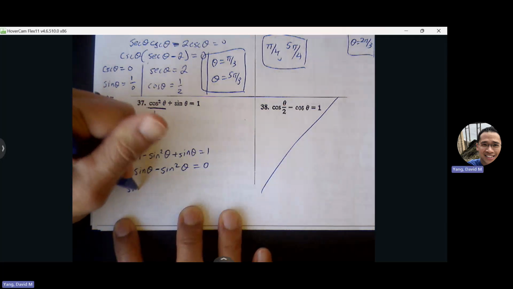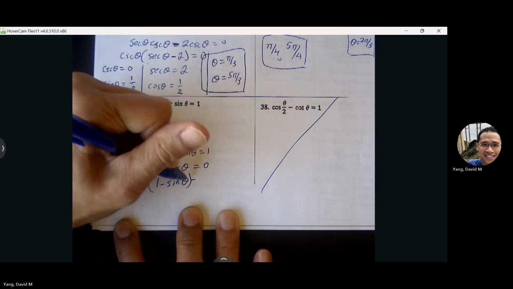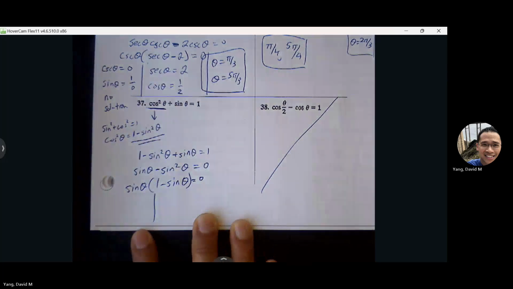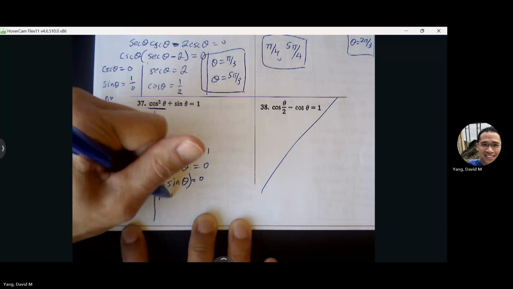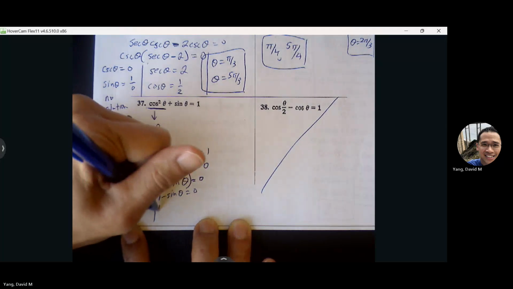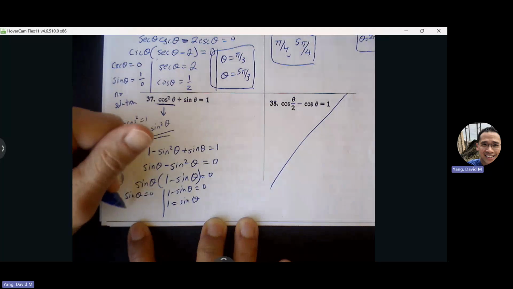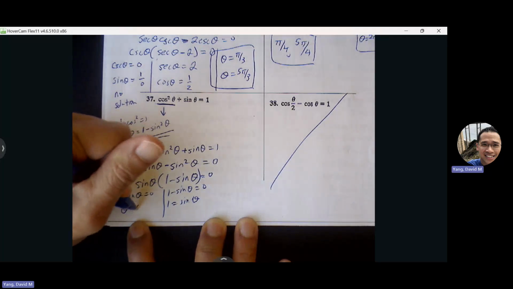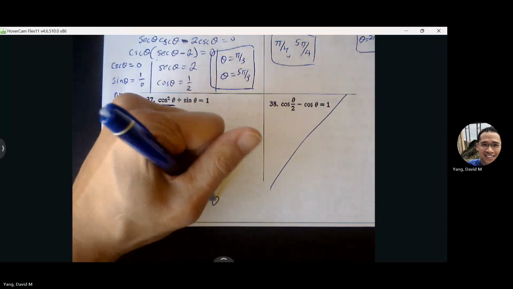Factor out the sine. So where sine is equal to 0, sine is equal to 0 at 0 and pi. Sine is equal to 1 at pi over 2.